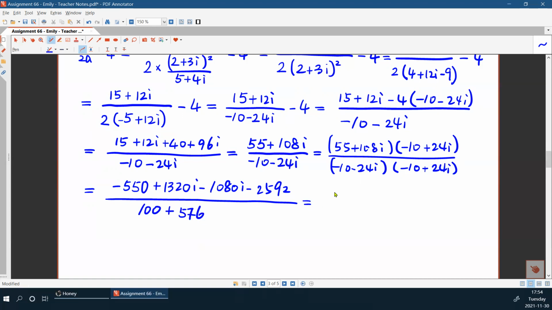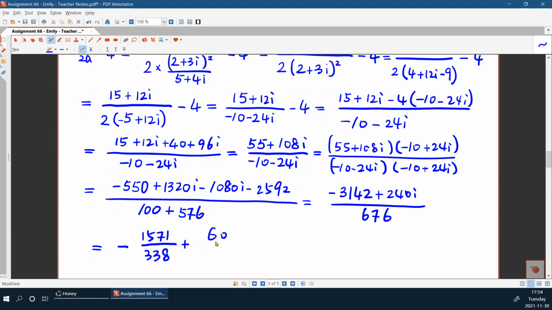And this gives us -3142 plus 240i over 676. And the final result in the form of a plus bi should be minus 1571 over 338 plus 60 over 169i. Do not forget to cancel the common factors, right?